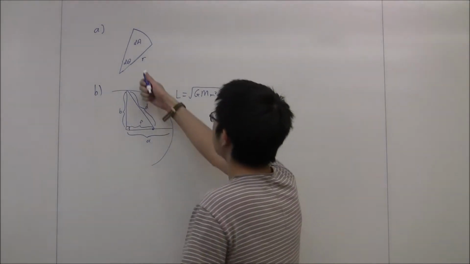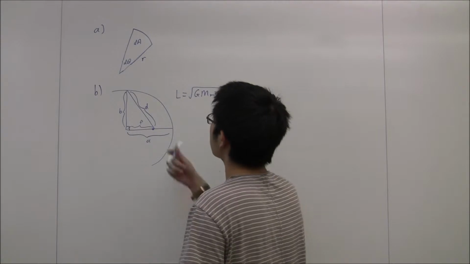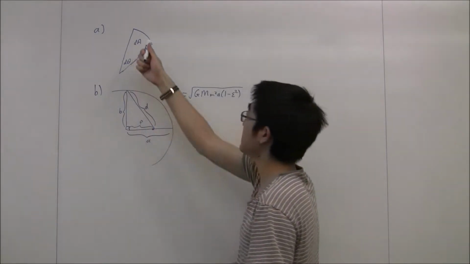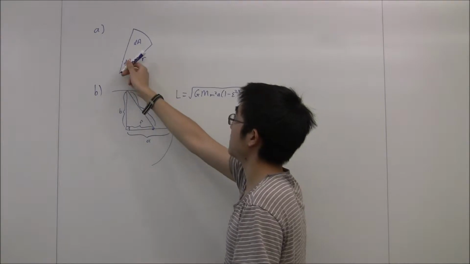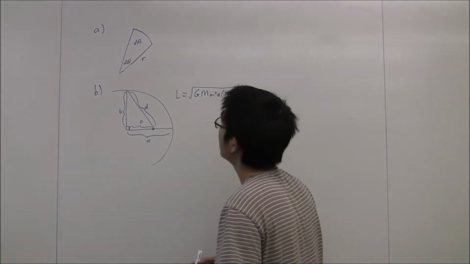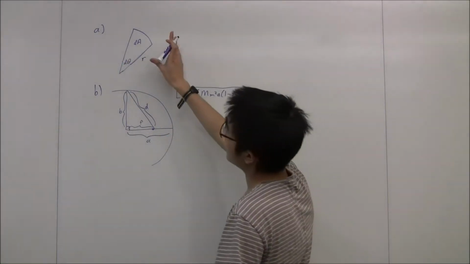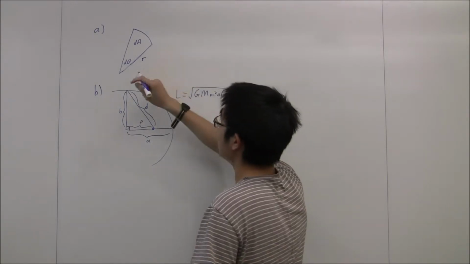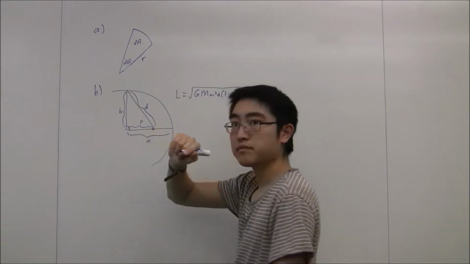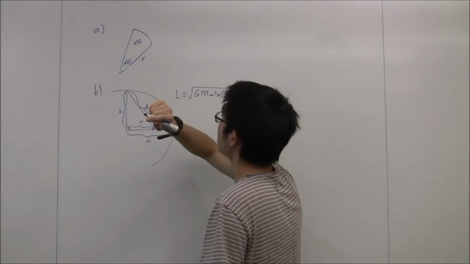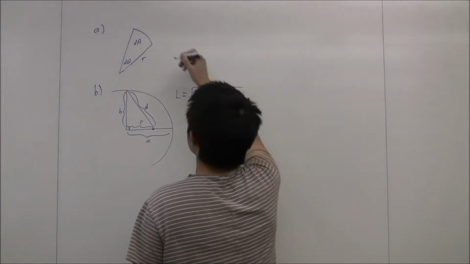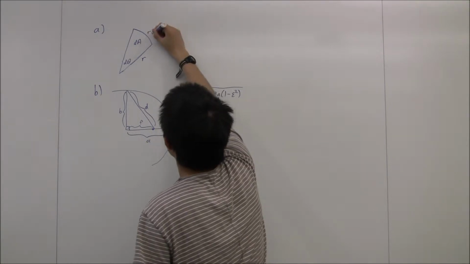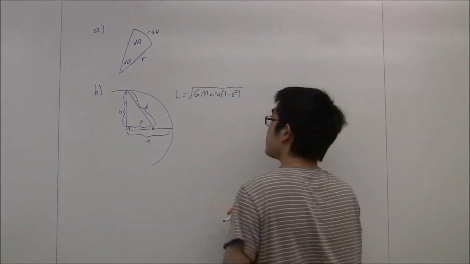So here we've drawn a diagram of the area swept dA by the radial vector for a small angle d theta. Now we can approximate the area as a triangle whose base is r and whose height is r d theta, which is given by the arc length formula.